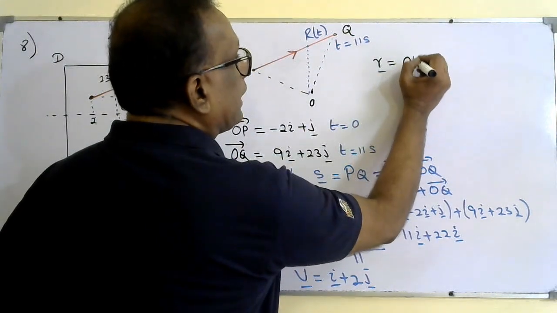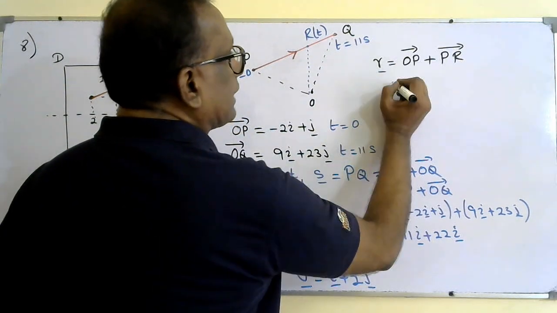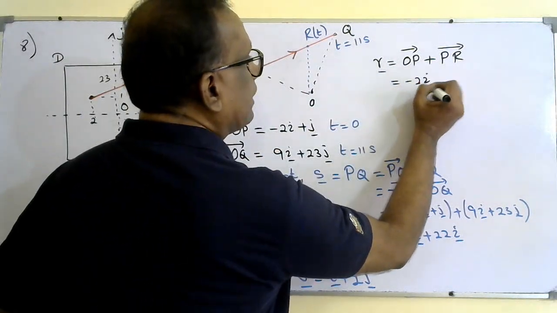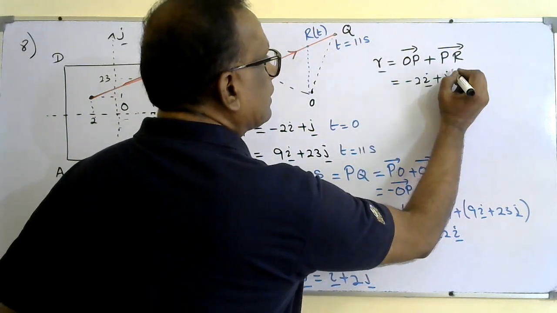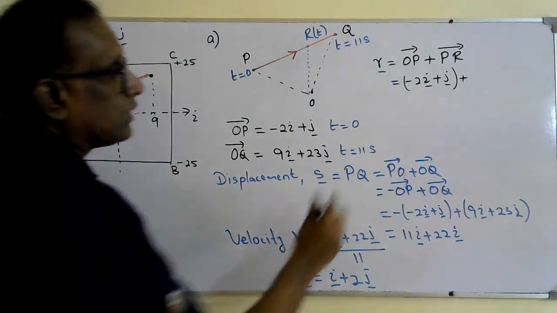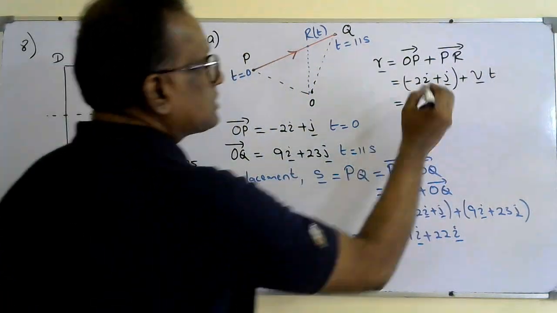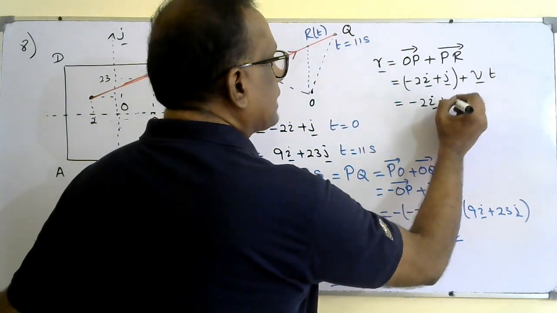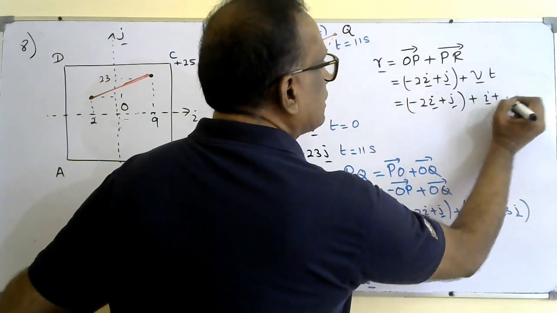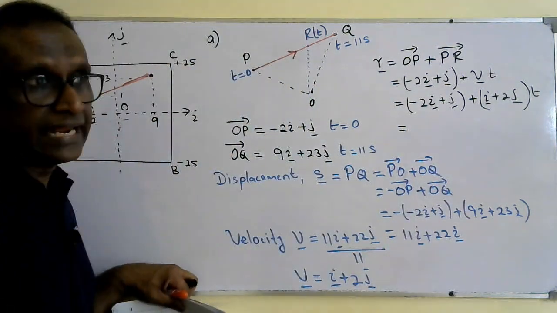OP we know, that is the initial position vector, minus 2i plus j. PR, how to find? Velocity vector into time. The velocity vector we found, so r is minus 2i plus j plus the velocity vector i plus 2j into t. Solve it, and you will get the position vector at any time t.